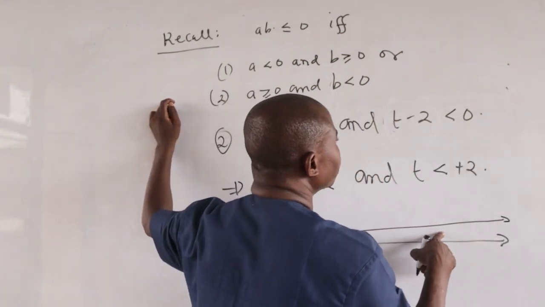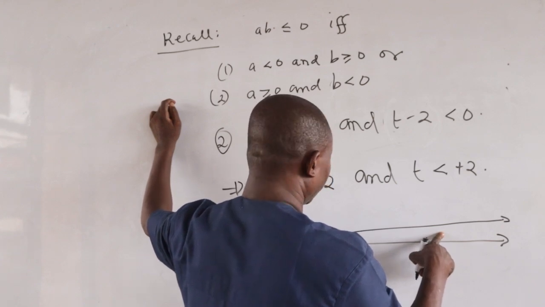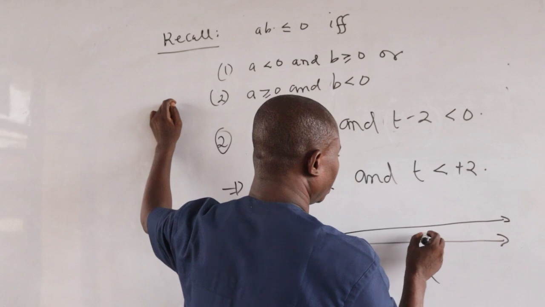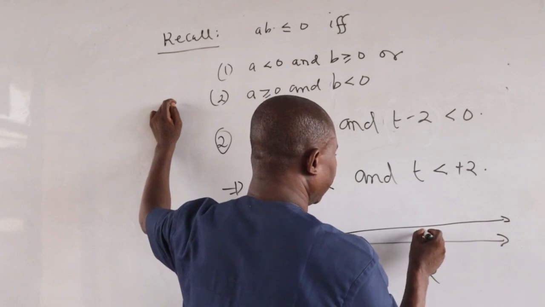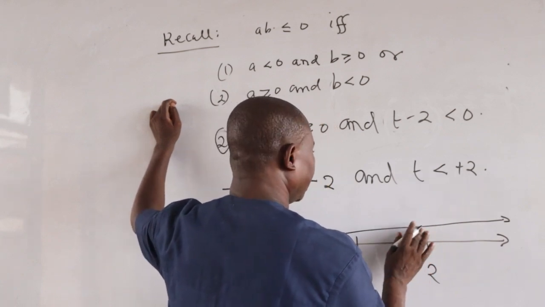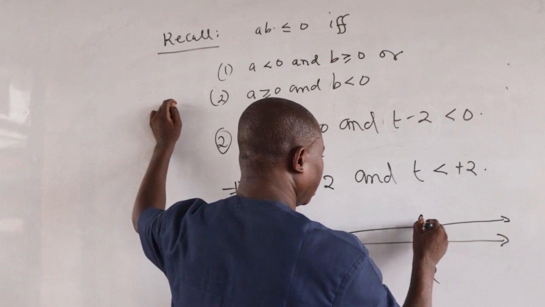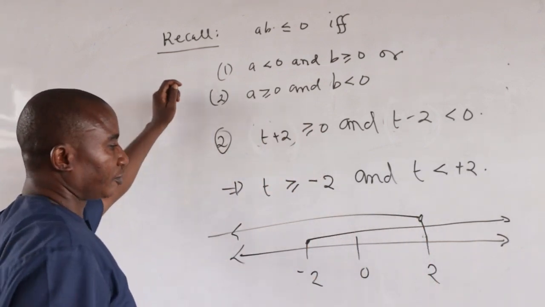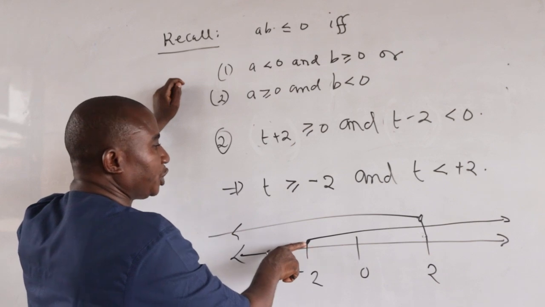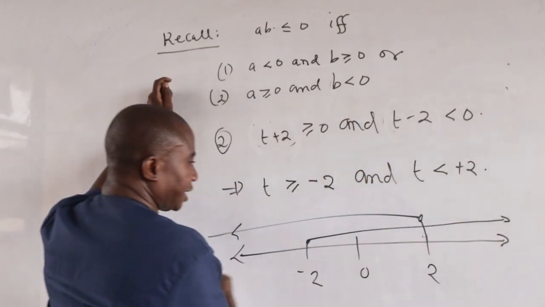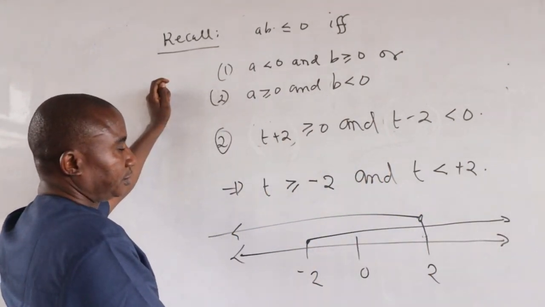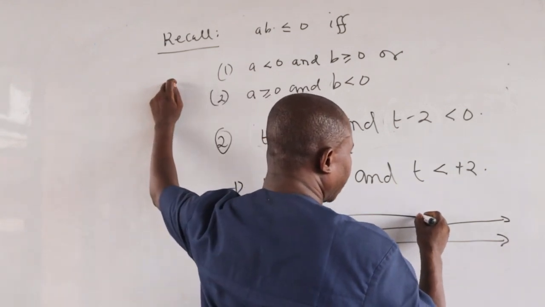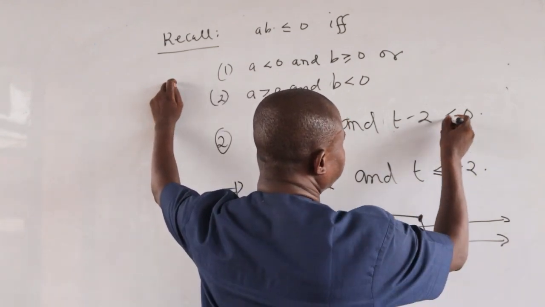All t smaller than 2 is here. This goes again to negative infinity. If we take the intersection between this set and this set, we shall get, so let me make an amendment here. So this has to be 2, please pardon that.